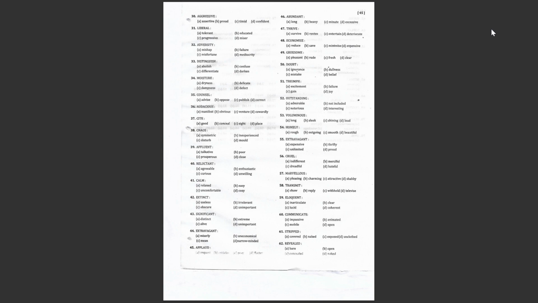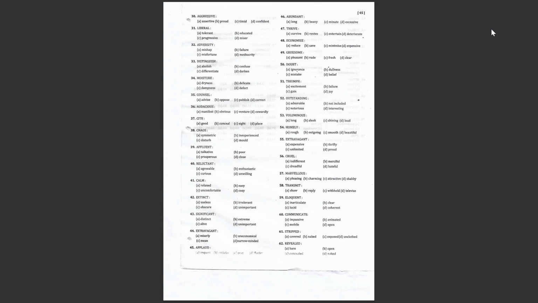Word 61 is stripped. Stripped is to take off completely. It is used mostly in the sense of clothes. When you take off all your clothes or you are being made to take off all your clothes, then that is known as stripped. For example, you must have heard in news channels that the convict was stripped off at the time of confession.